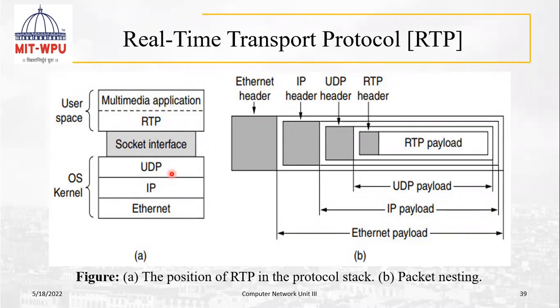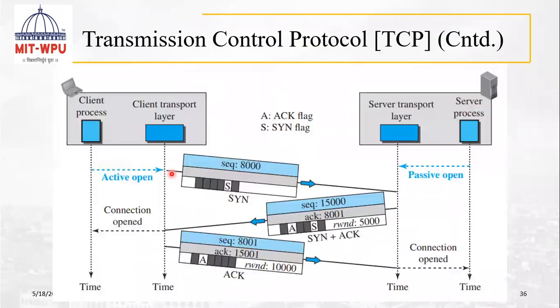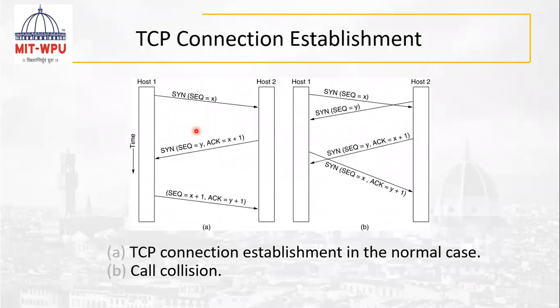What happens in TCP, I'm sorry, let me just go back. What you have to do is ask the other host, are you ready? Then the host replies, yes, I am ready, we can communicate. And then the first host again sends the acknowledgement, okay, let's communicate, let's talk.